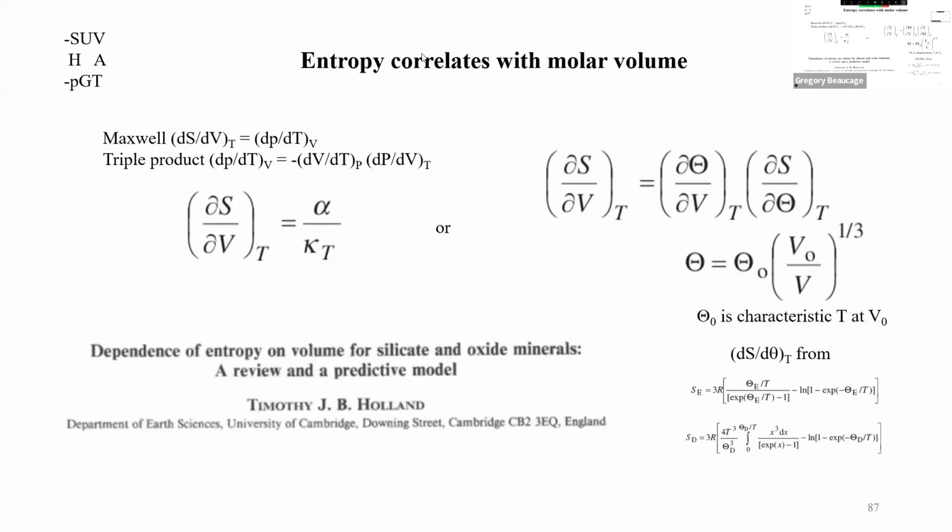So let's see. Entropy correlates with molar volume. Like I said, this chapter is just one topic, and this is just another topic. If you do the Maxwell equation, they expand the dP/dT using the trivial product rule. This is a thermal expansion coefficient.